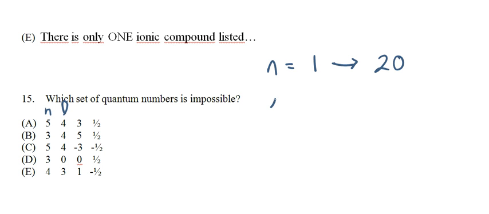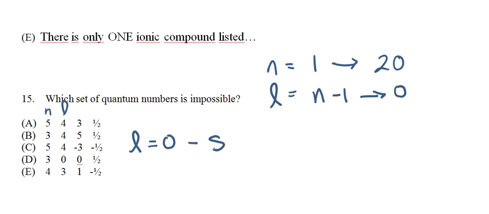L represents the type of orbital. So we want to go from n minus 1 through 0. What's really important here is these numbers actually mean something. If l equals 0, you're looking at an s orbital. If l equals 1, you're looking at a p orbital.